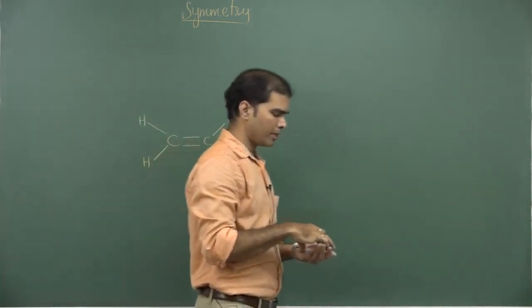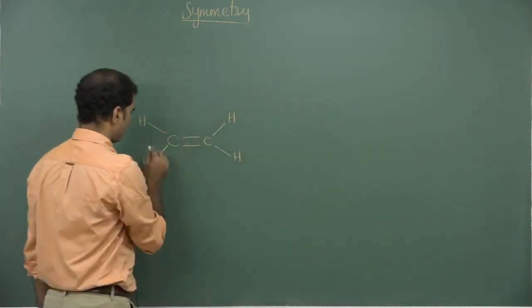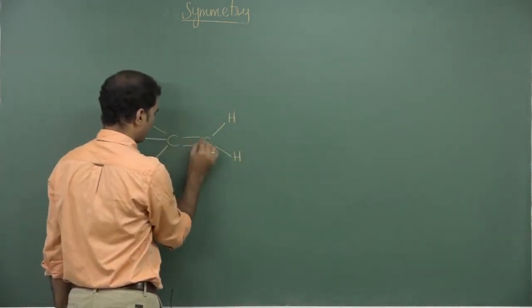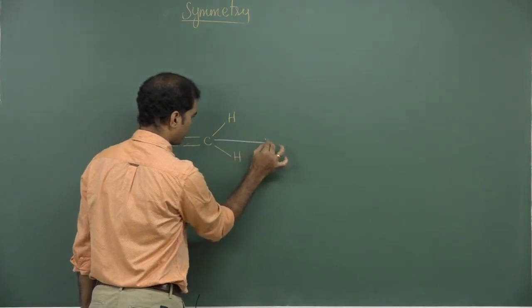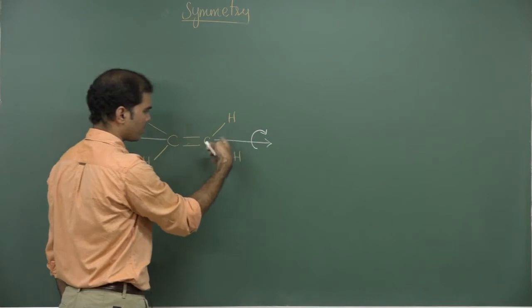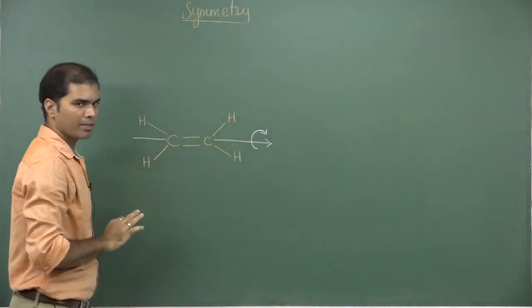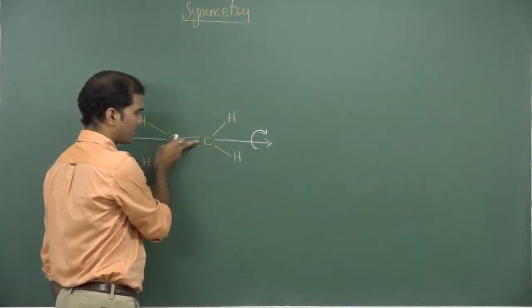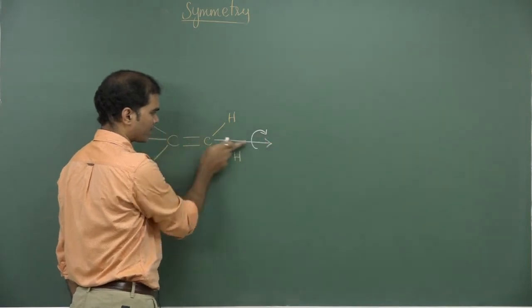In the case of ethylene, that rotational axis that is passing from more number of atoms can be identified as a principal axis. For group theory considerations, that will change, but this is for symmetry purposes. Let me consider this as a principal axis.